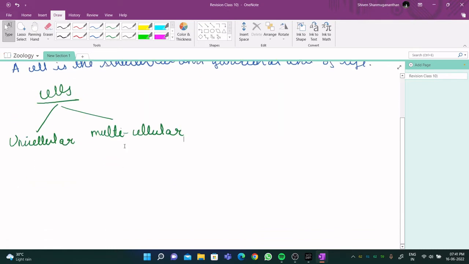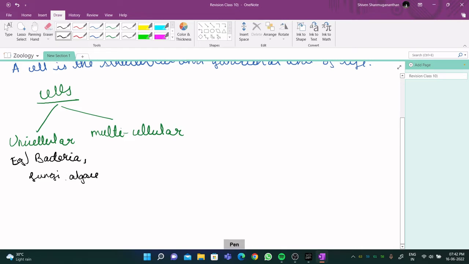So you all may be familiar with these terms. A unicellular organism only has one cell, whereas a multicellular organism has multiple cells, maybe hundreds or thousands. Examples of a unicellular organism would be bacteria, mostly bacteria, maybe some specific fungi or algae.